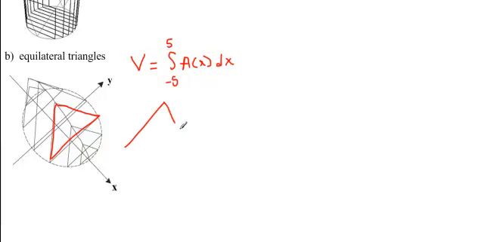And we know it's an equilateral triangle. So let's calculate the area of an equilateral triangle. And you know lots of things about equilateral triangles. You know, for instance, that they all have 60-degree angles inside.